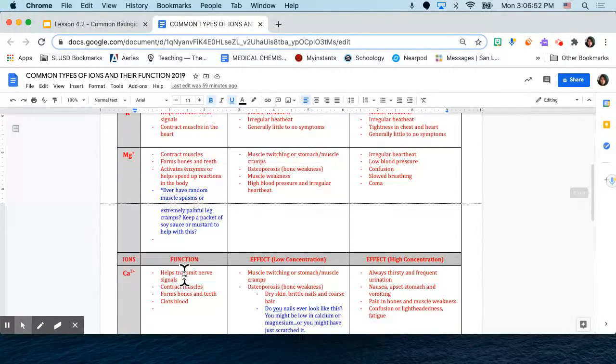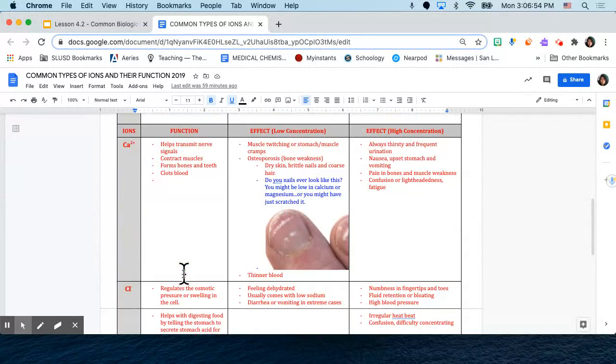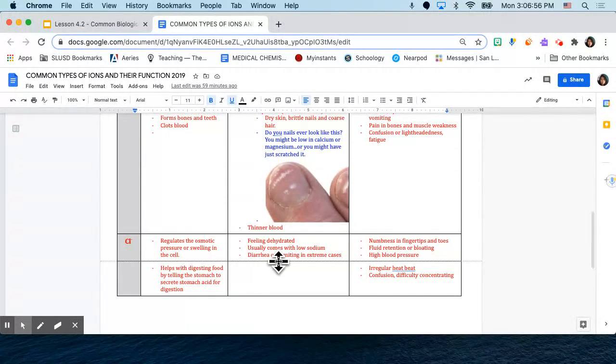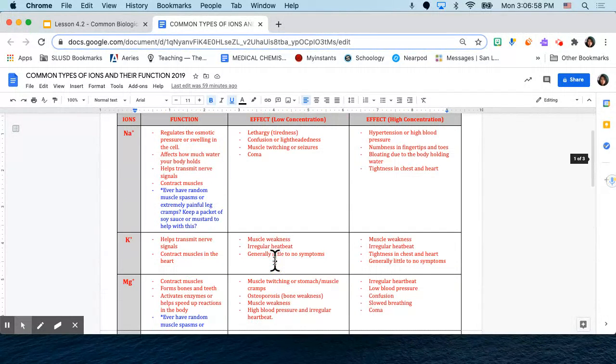Mainly the parts in red you need to know. Don't worry so much about the parts in blue. A couple of terms that you might not know are things like regulating osmotic pressure. Usually if I describe anything like that, I'll say the common English description next to it.